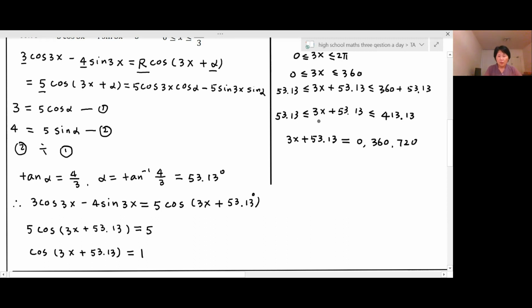But 3x plus 53.13 must be greater than or equal to 53.13, so I will reject this one. And less than or equal to 413.13, I also reject this one. So 3x plus 53.13 will be only equal to 360.